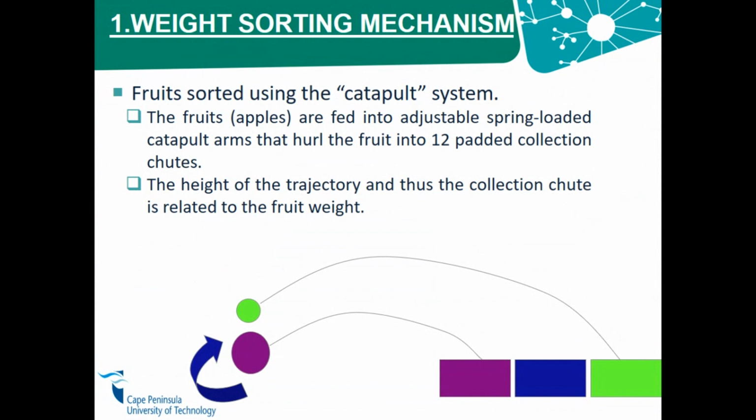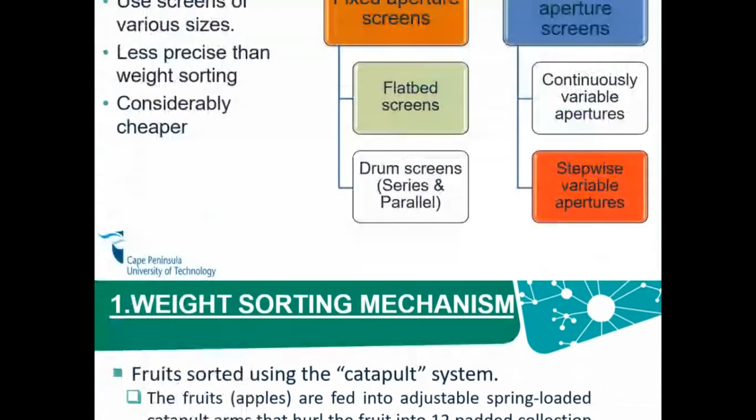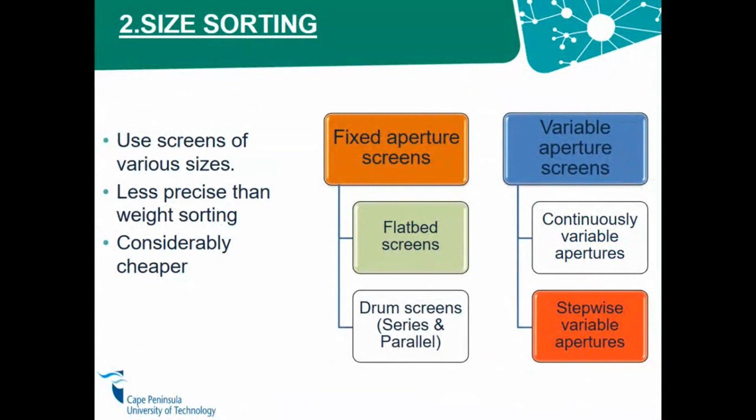So what about size sorting? Size sorting is less precise than weight sorting. As I've mentioned previously, weight sorting is very precise. However, size is less precise, but it's considerably cheaper, right?